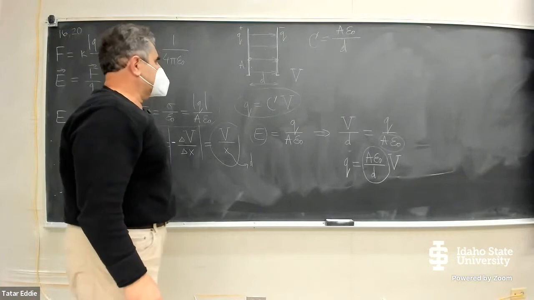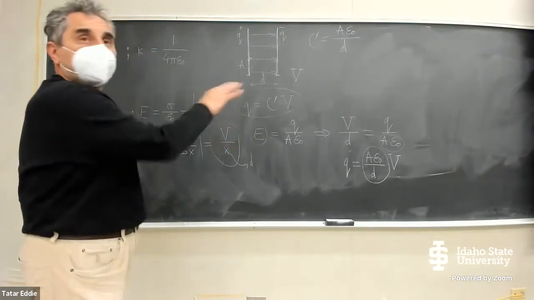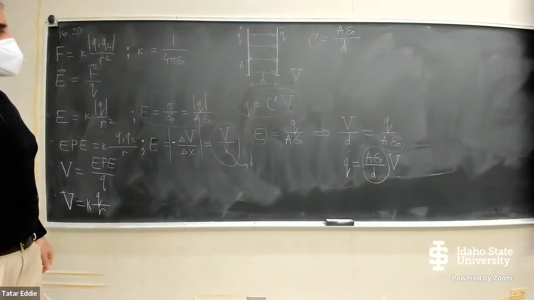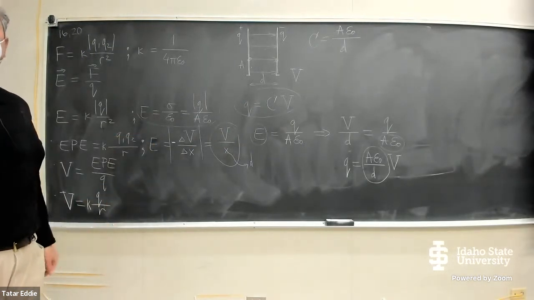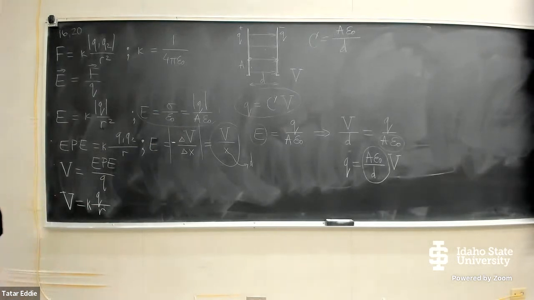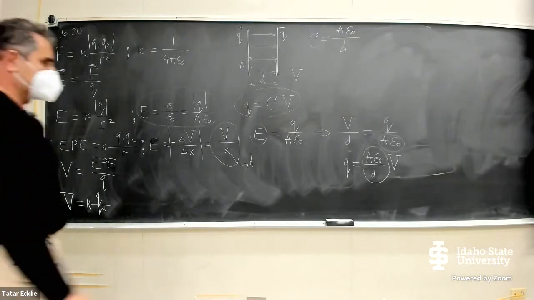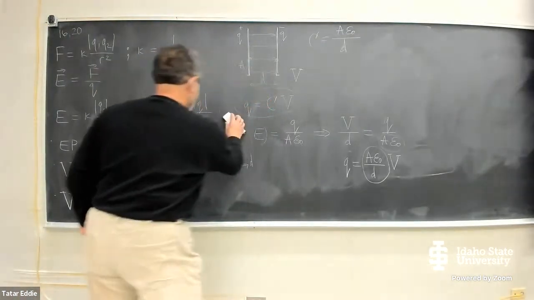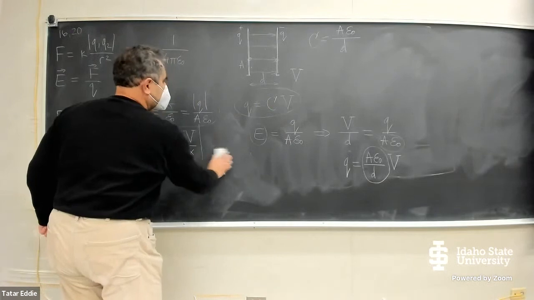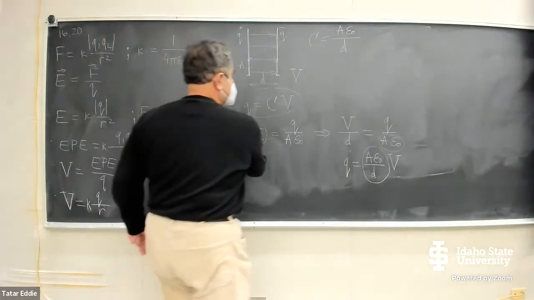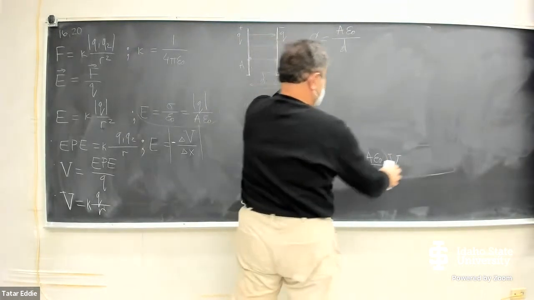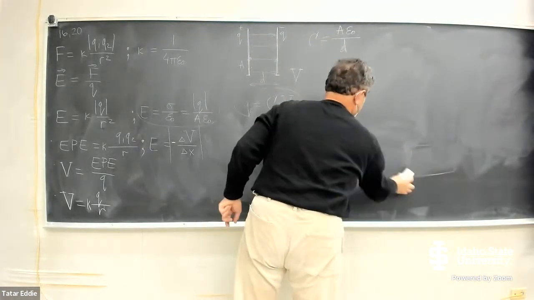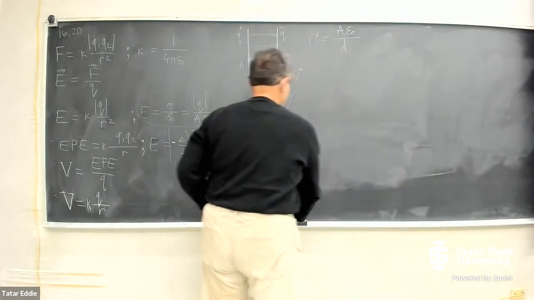So again, I probably have to clean a little bit of real estate here in order to accommodate the formulas that follow. But the formulas that are important, I'll try to keep. So probably this bad writing can be removed, and this derivation can be removed, and the result is right here for the capacitance, so I can remove this also.